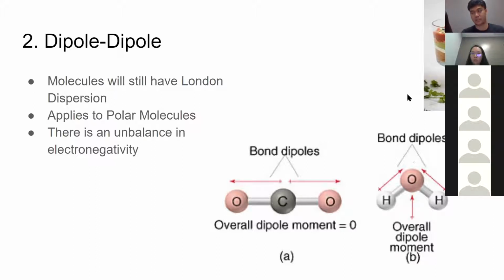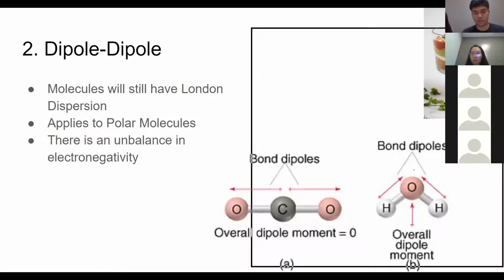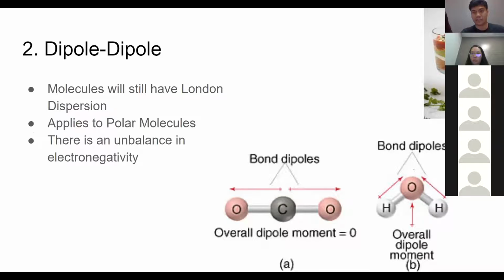We know that oxygen is highly electronegative, and the 2 hydrogens on the bottom are a lot less electronegative. So they end up pointing towards the oxygen's direction. So the overall polarity becomes polar, which is the reason why water is such a very polar molecule, because of that interaction.